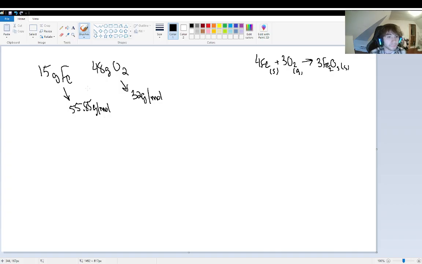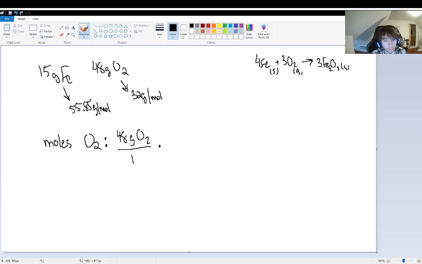Okay, so now that I know how many grams are in 1 mole, I have to find how many moles are in 15 grams and 48 grams of iron and oxygen, respectively. So let's find moles of oxygen first, because I don't have to use my calculator for this. That is 48 grams O2 over 1.